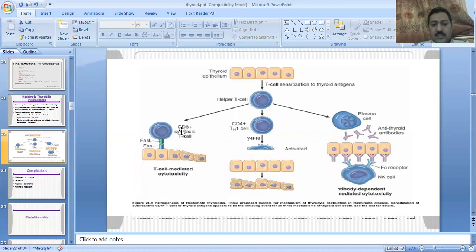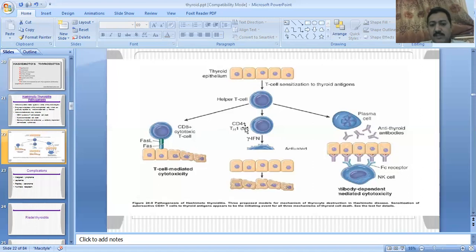The cytotoxic T cells are represented by CD8 T cells, and the helper T cells by CD4 T cells. These T cells also activate the plasma cells. The cytotoxic T cells directly break the normal thyroid follicular epithelial cells. As you can appreciate, these are the normal cells, and when they are attacked by the cytotoxic T cells, ultimately they die.